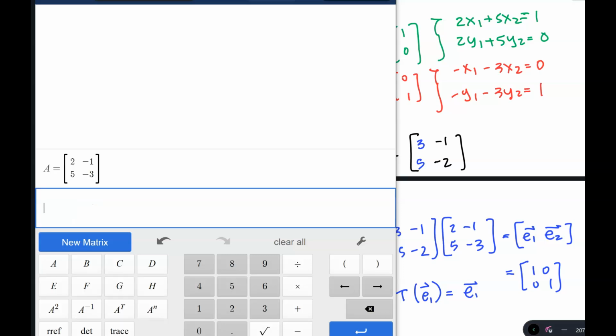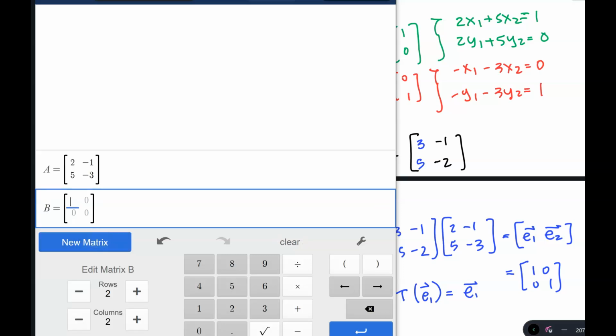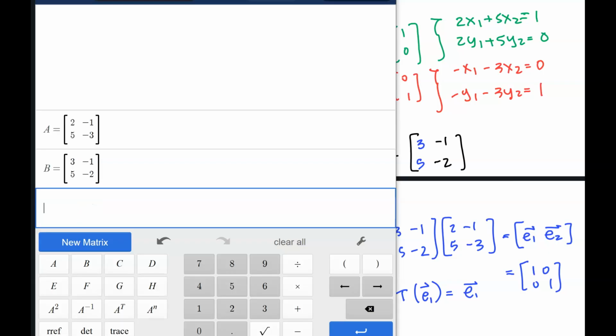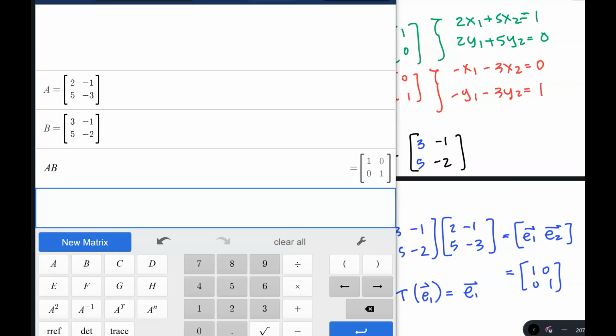Let's define our matrix B. We said that was 3, -1, 5, -2. Let's confirm that if I do A times B, I get the identity matrix. Let's explore and see what happens if I do B times A. Turns out this is fine, and that makes sense if we think about our bijection, right?